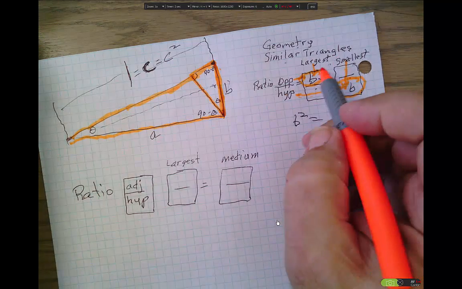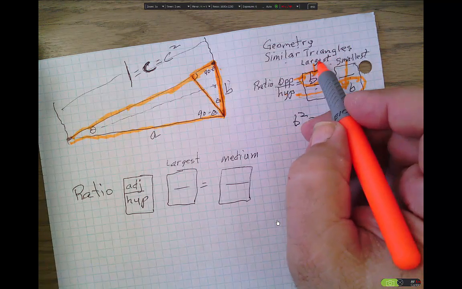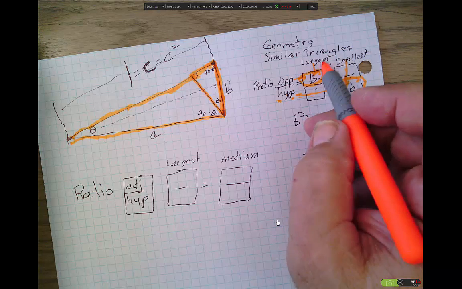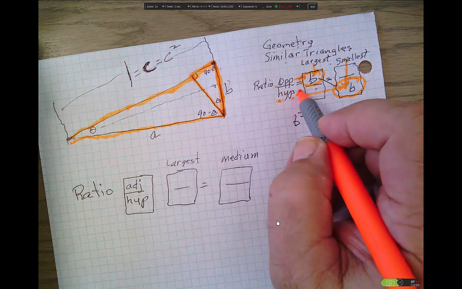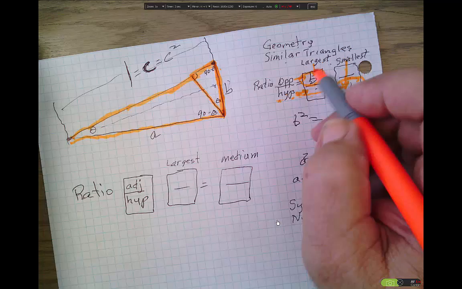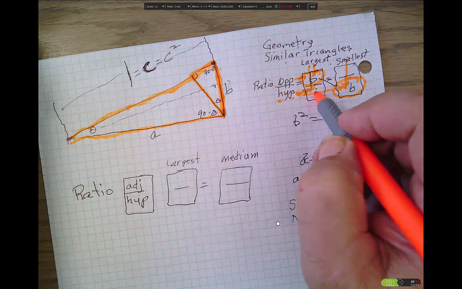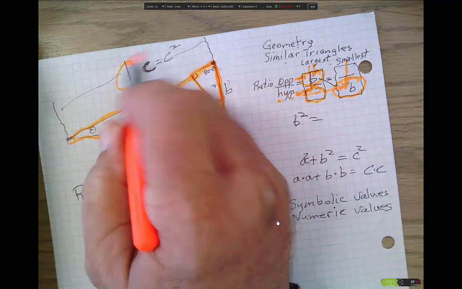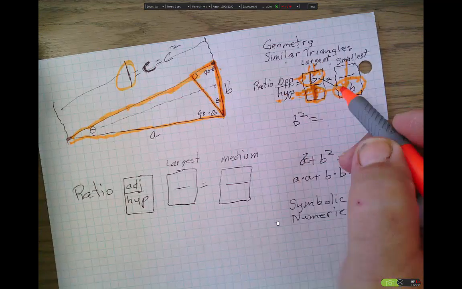Now everybody knows, and I'm going to have to go fast here, the hypotenuse for the largest triangle goes here, and we can see that's 1. So we put a 1 here.